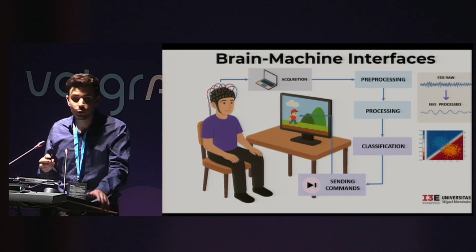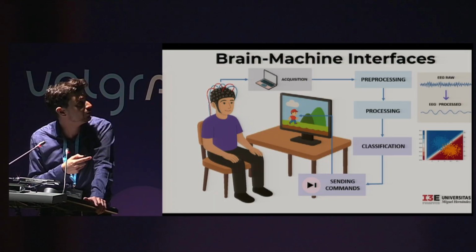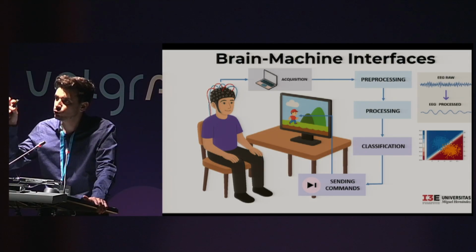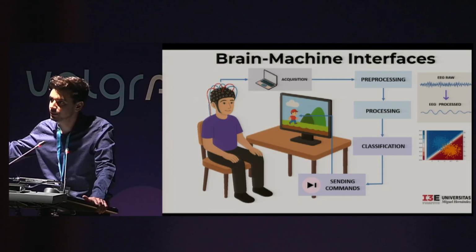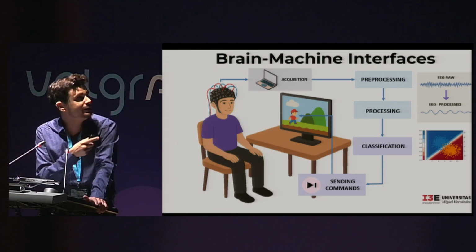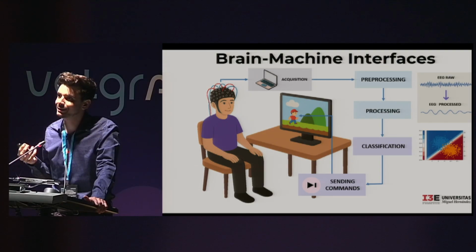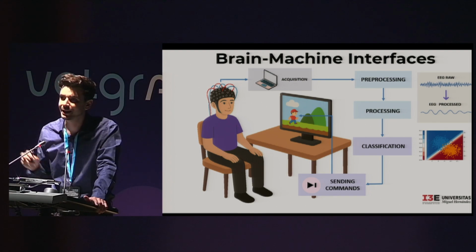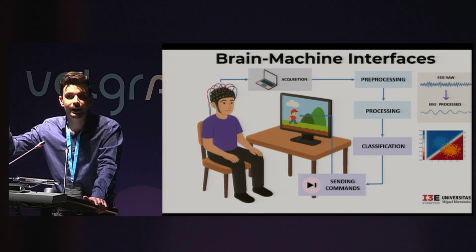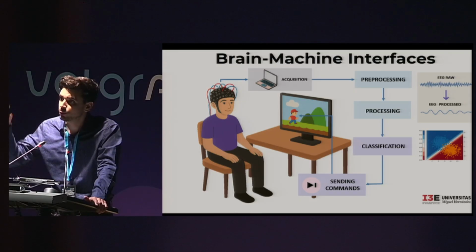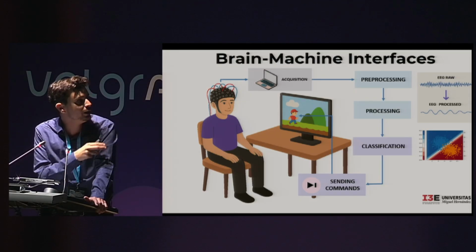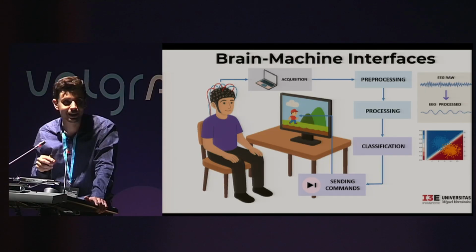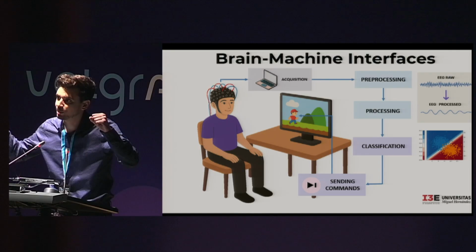So, through brain-machine interfaces, we can register the user's brain electrical activity. We then filter that signal, removing the noise, and later we process those signals, identifying the most relevant patterns. Later, with those signals, we make a classification of the patterns and try to separate them.